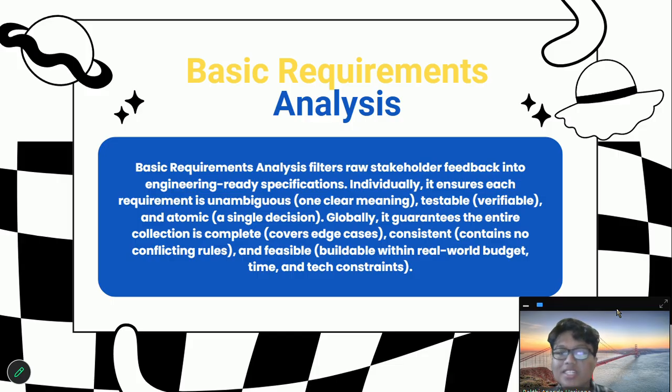Individually, it ensures each requirement is unambiguous, so it has one clear meaning and isn't ambiguous, and also testable, so we can verify it after, and atomic, a single decision.